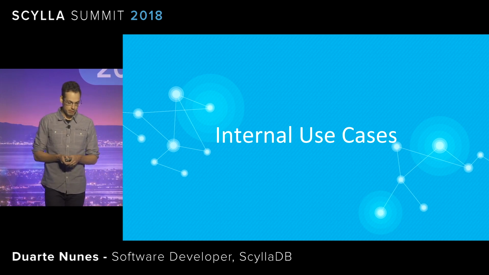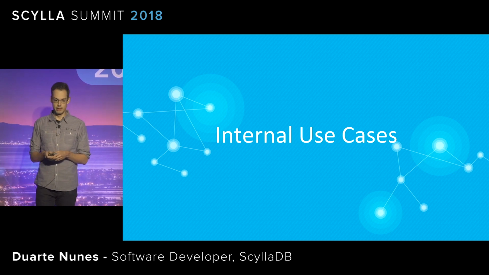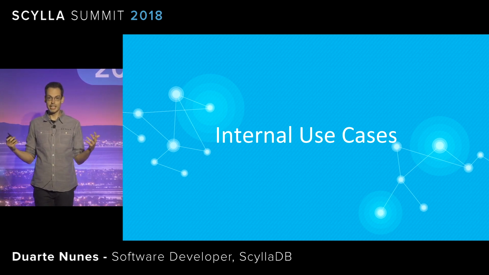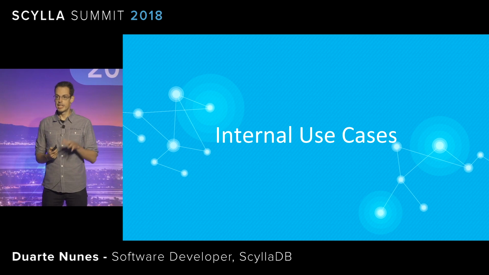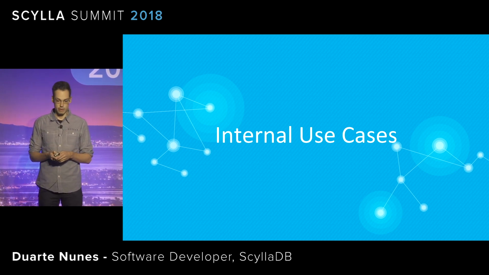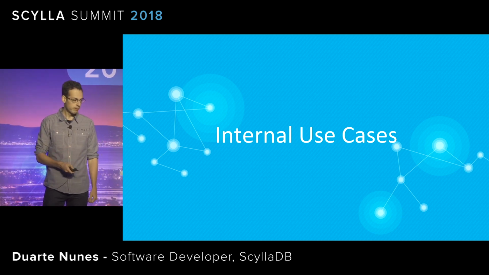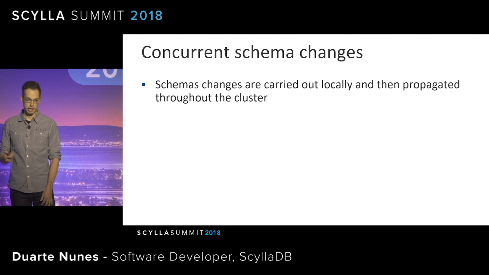So I've talked about external use cases. So LWT will enable all of the strong consistency external use cases. But inside the database itself, we have many features that can benefit from these mechanisms as well. The first one is concurrent schema changes.